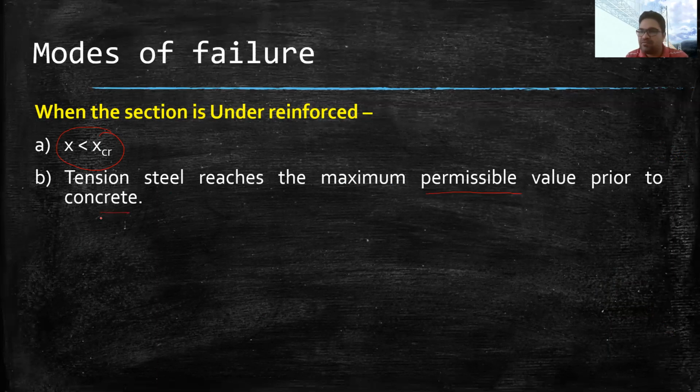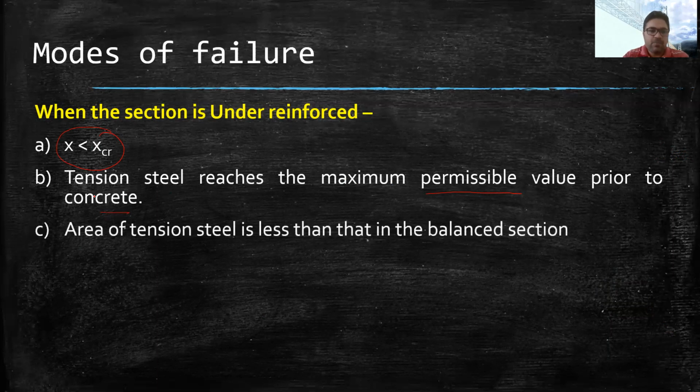This we have already covered in the previous slide. The third point is the area of tension steel is less than the balanced section. I have explained that AST in this case will be lower than the AST balance. So that is the third feature of the under reinforced section.